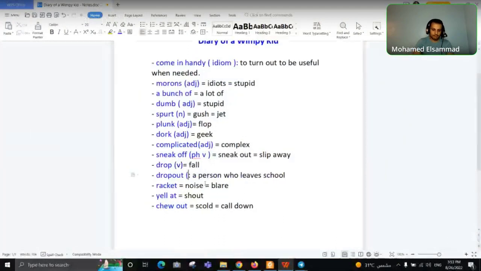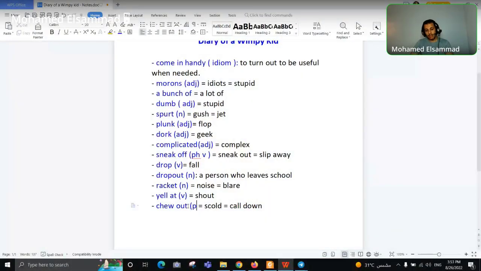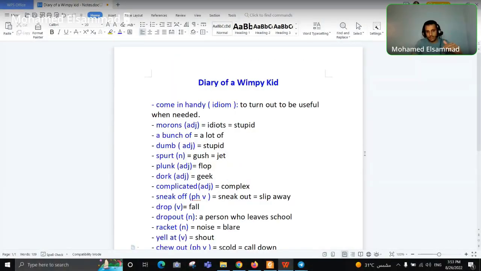Drop out, this is a noun. Okay. Racket, also a noun. Yell at as a verb. Chew out, this is a phrasal verb. Okay, it's something also to know the function of a word, whether it is an idiom or an adjective, expression, or phrasal verb, and so on.